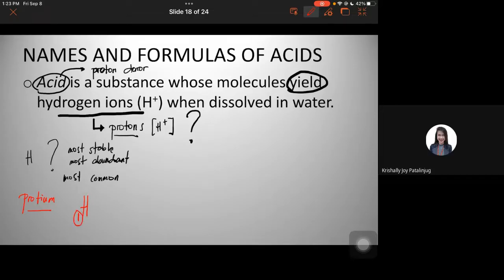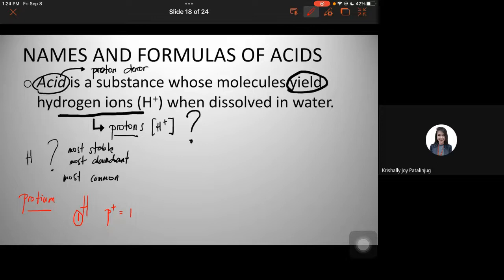Let's just recall first the characteristics of the atomic structure of hydrogen, specifically for protium. Let's start with atomic number. It has an atomic number of 1, being the first element in the periodic table. Having that atomic number of 1, it also means that it has a proton number of 1.